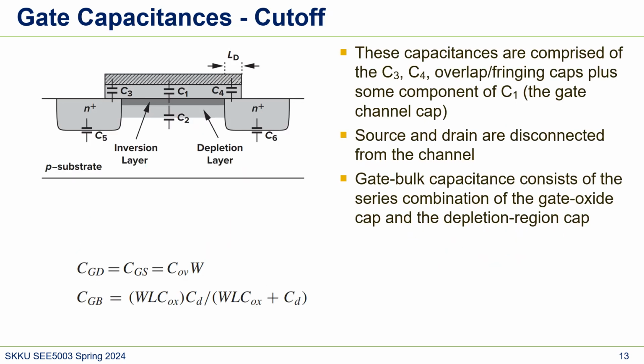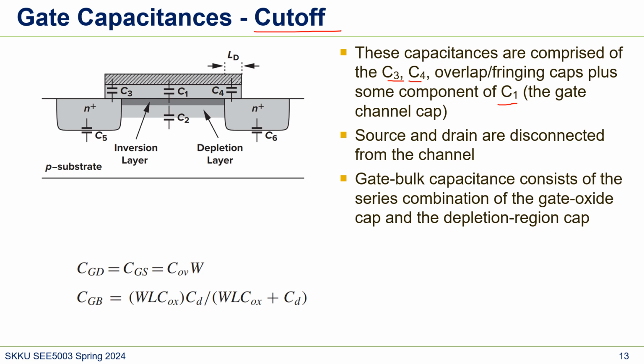As I said in the very beginning, these multiple capacitances have different values depending on their operating point, and that's what makes the modeling complicated. So let's first look at the cutoff region. In cutoff, we have C3 and C4, and some of the C1, and source and drain are disconnected from the channel.